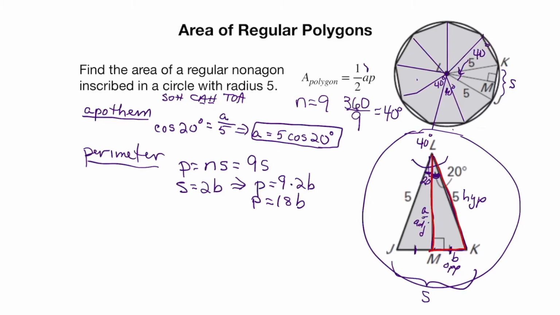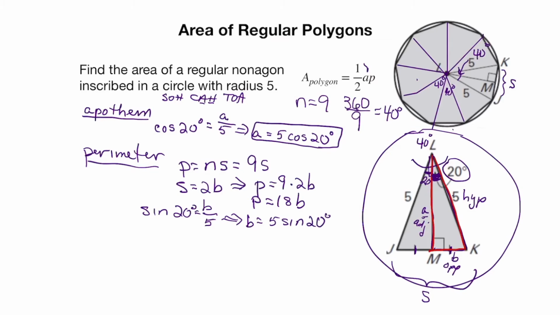Now in this case, here's my reference angle, my 20. The opposite is the thing I don't know, and the hypotenuse is the thing I do. So that would be sine, opposite over hypotenuse. So the sine of 20 degrees will be the opposite over the hypotenuse. And again, I can solve this for b by multiplying both sides by 5.